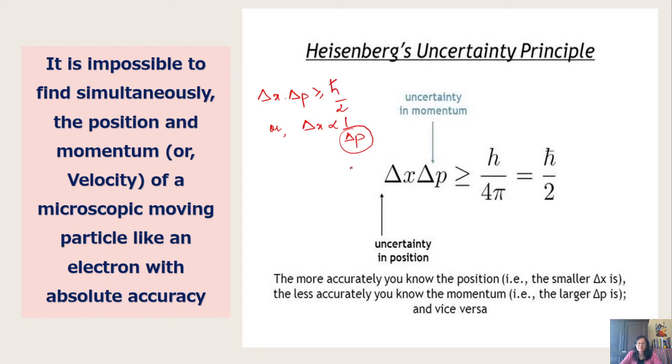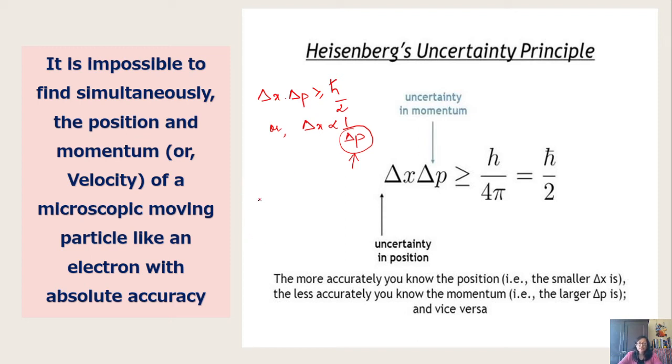That means the momentum can be predicted with less accuracy. Similarly, if delta p is small, delta x is large. That means the more accurately you know the position, the less accurately you know the momentum, and vice versa. So this is what is predicted by Heisenberg's uncertainty principle.